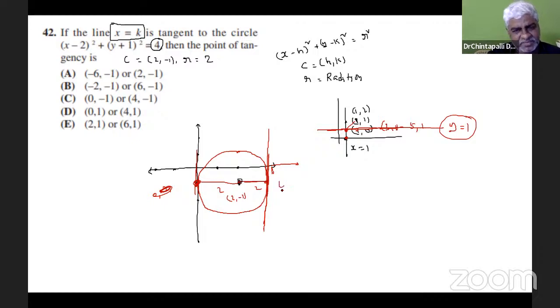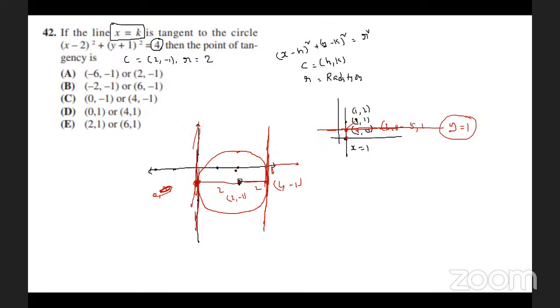Yes, you are right. So the equation of this line is y equals -1. Which option is correct? Option C, sir.